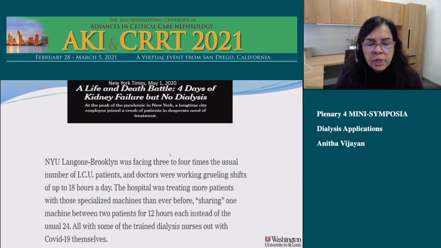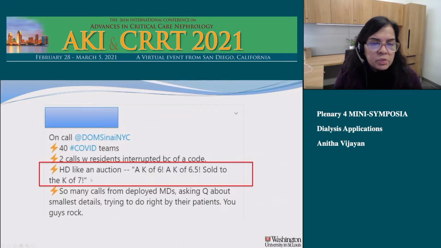So even though the government had resources for providing ventilators, there were no dialysis machines available immediately, and so there was definitely a shortage of dialysis machines. And also, this was a tweet from a doctor in New York about dialysis being like an auction. If somebody's potassium was 6.7 versus 6, they were more likely to get the dialysis treatment that day.